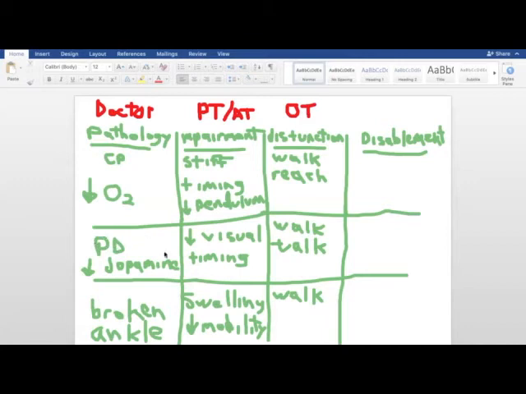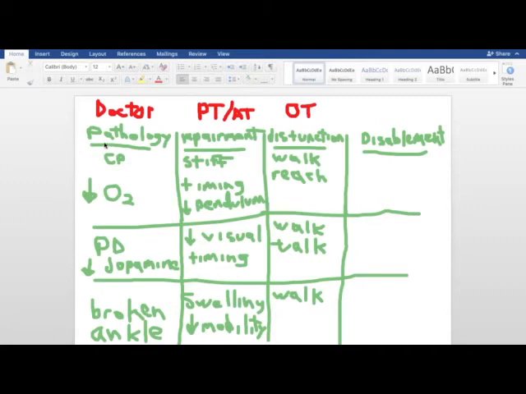Maybe what they're going to do is work on getting this person up and down stairs or to be able to express themselves differently. The person working on occupational therapy here is going to get this person who has a broken ankle to walk more effectively, or to walk without a crutch or something like that.